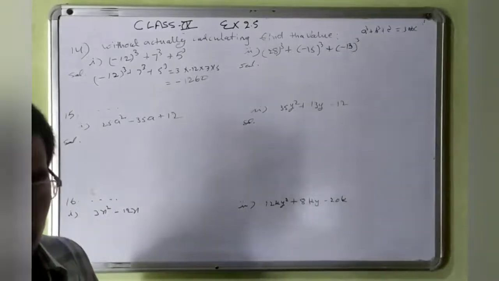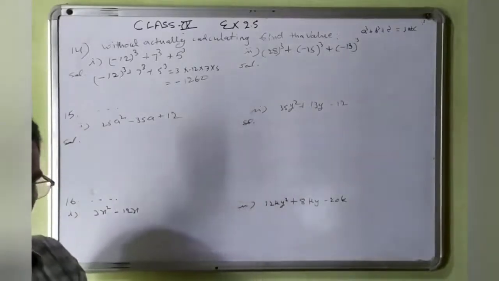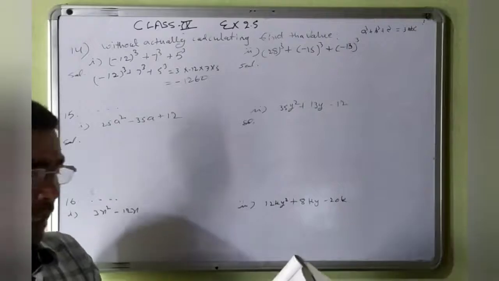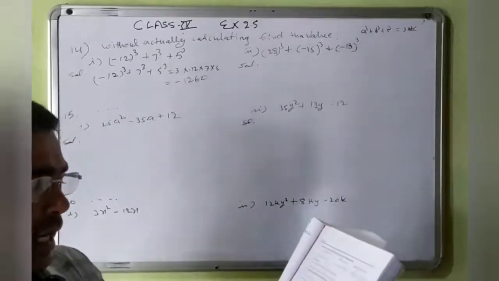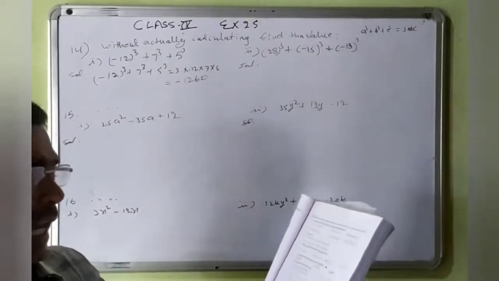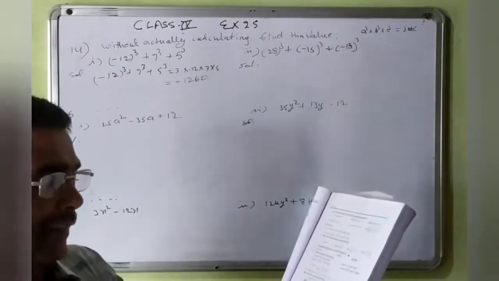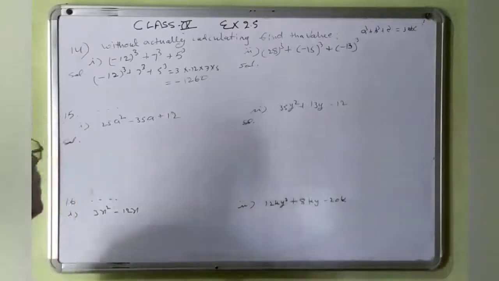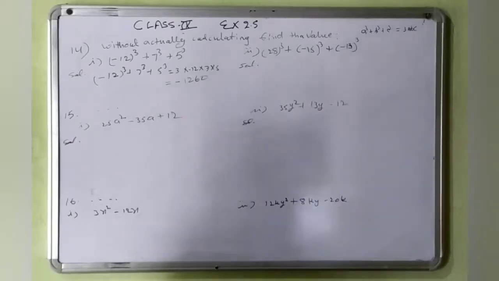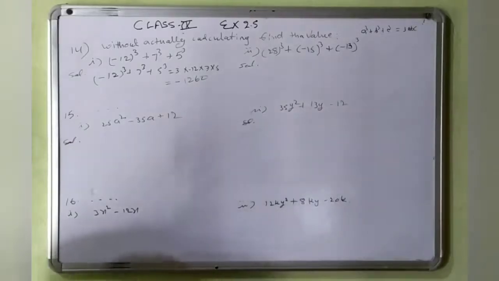Question number 15. You can see it in your textbook also. Give possible expressions for the length and breadth of each of the following rectangles whose areas are given. The first part is 25a square minus 35a plus 12. Here we will apply middle term splitting.